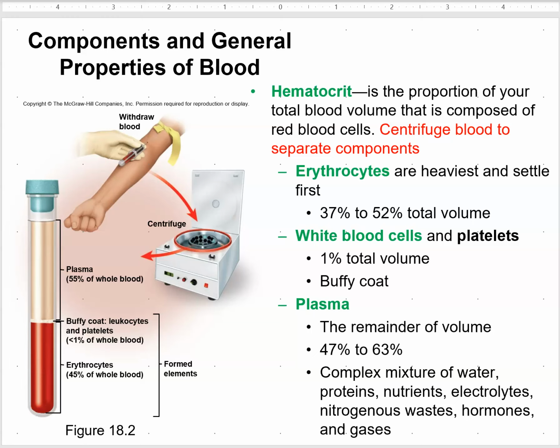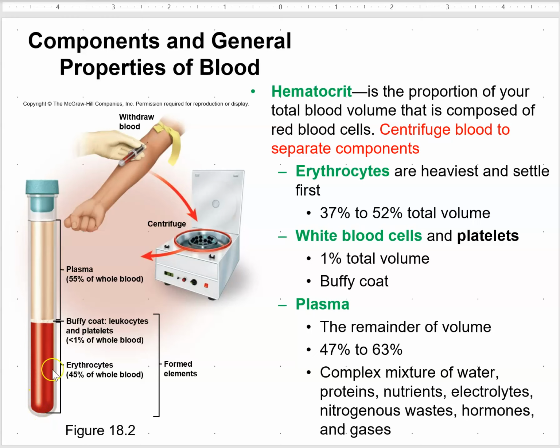The volume of erythrocytes in the bottom is generally referred to as packed cell volume, or PCV. In a normal person, the PCV is about 45%.